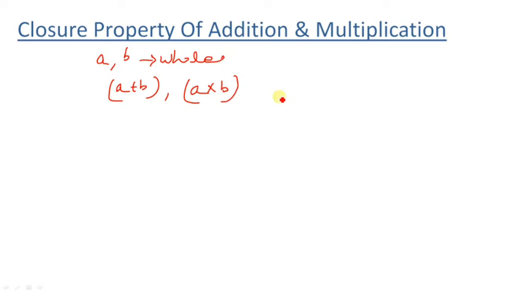What is closure property? Suppose, let me tell a general thing. Suppose A and B are two whole numbers. Then A plus B and A into B will also be whole numbers.